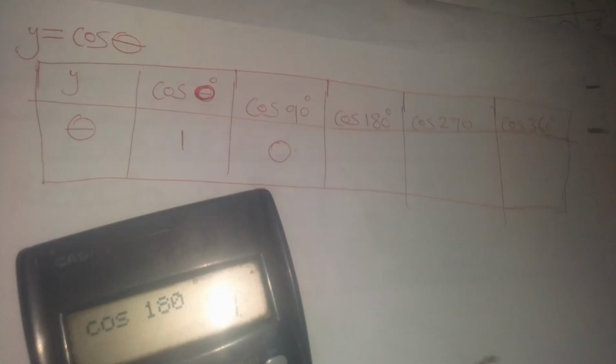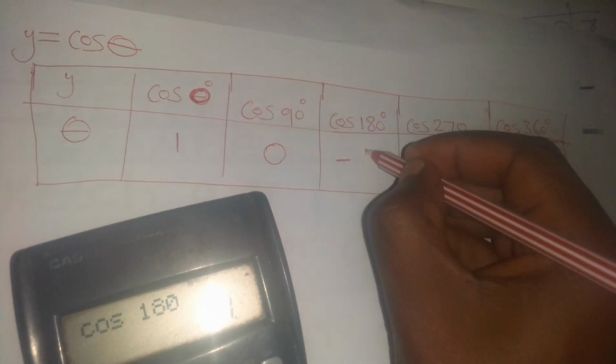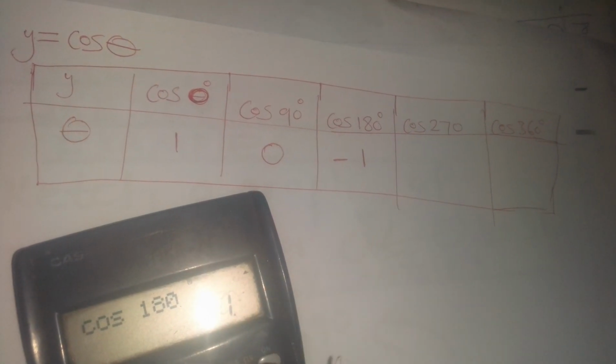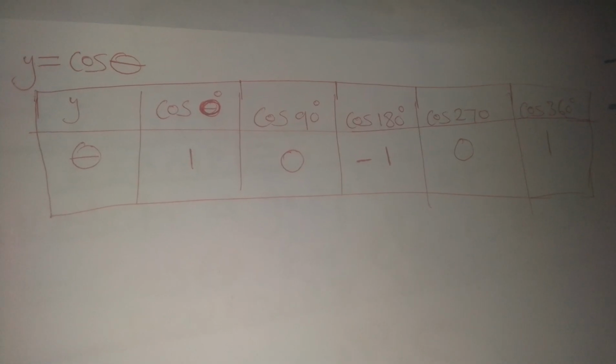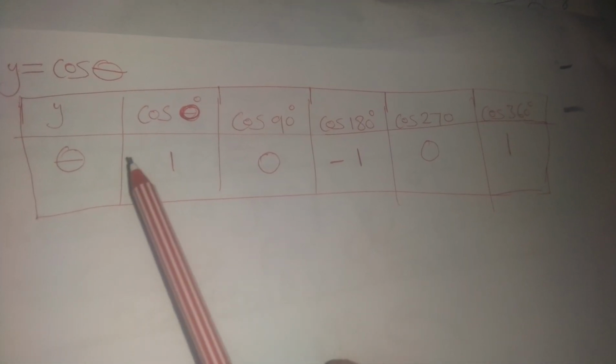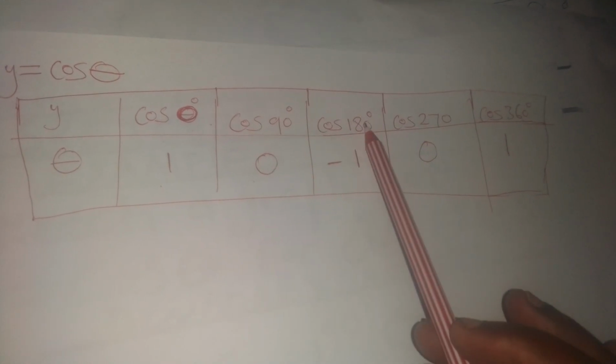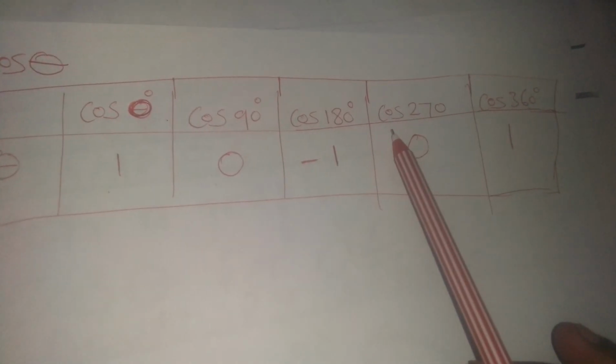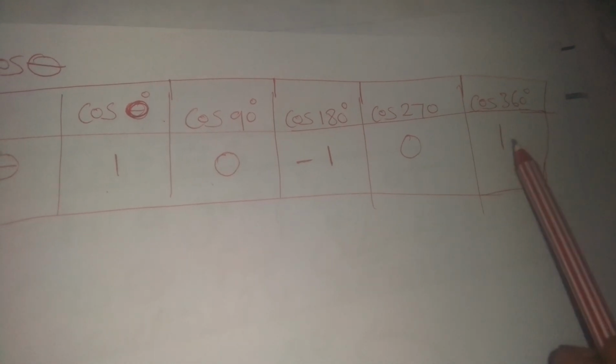This is negative 1. So when you complete the table, it will be like this: cos 0 is 1, cos 90 is 0, cos 180 is negative 1, cos 270 is 0, cos 360 is 1.